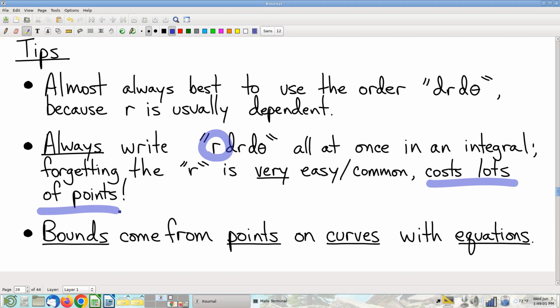Glass half full: you get a lot of points just for not forgetting it. It's free money, right? And as it should be. It's an important point. This is a sophisticated idea. That's what makes multivariable change of variables work, right? So view this as a positive and make sure not to forget.